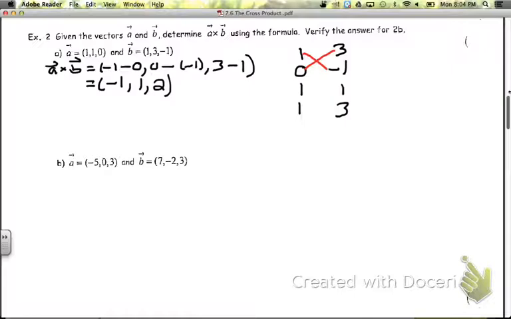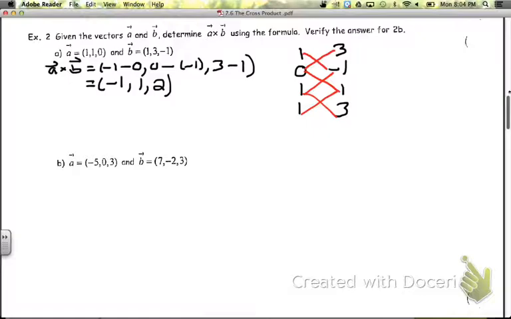And the second one here is our A3 times our B1, so 0 times 1, and then our A1 times our B3, so 1 times negative 1. And then our last one here is A1 times our B2, and then our A2 times our B1. So we can use that as well when using the cross product.